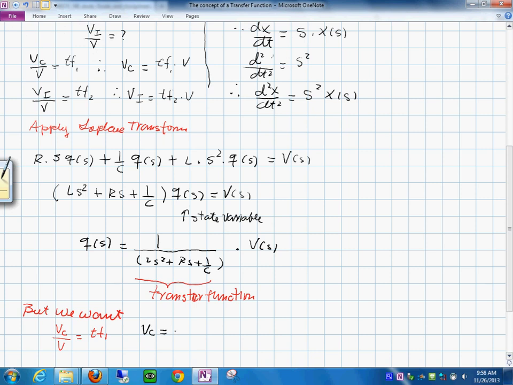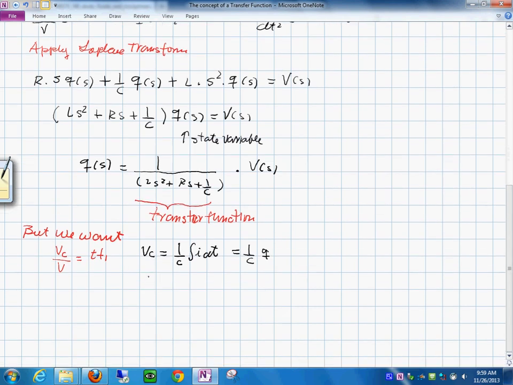V sub C was 1 over C times the integral of i dt, or we said that this was 1 over C times Q. So if this is true, voltage C is equal to 1 over C times Q, and Q we have here, times 1 over L s squared plus R s plus 1 over C, multiplied by V of s.